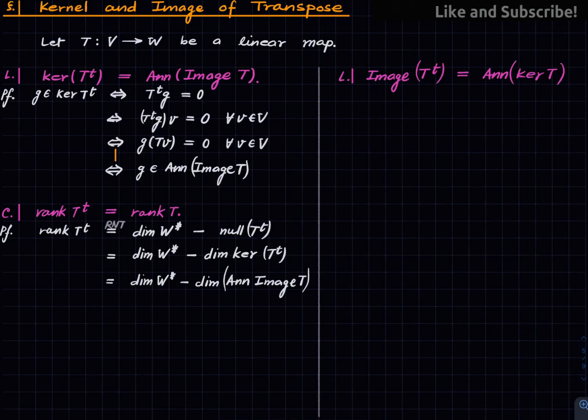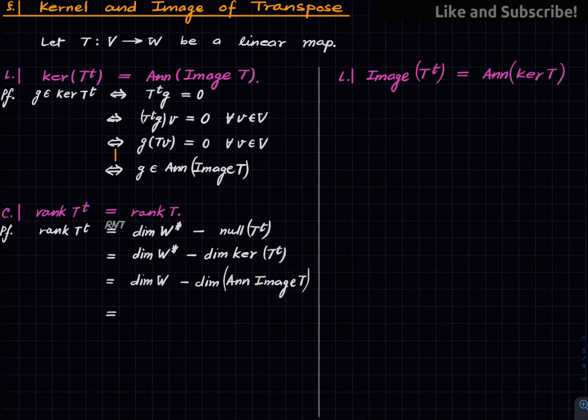All right, but before we continue, instead of dimension W star, let me write dimension of W, because the dimension of W is same as dimension W star, so I can erase that star. And now we use the fact that the dimension of the annihilator of something is the difference of dimensions of the parent where this lives and the dimension of this.